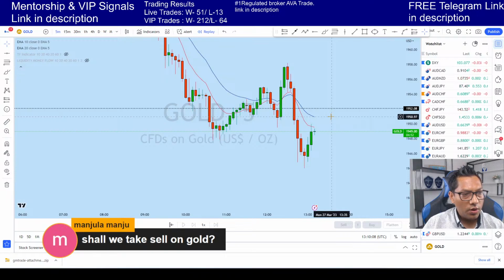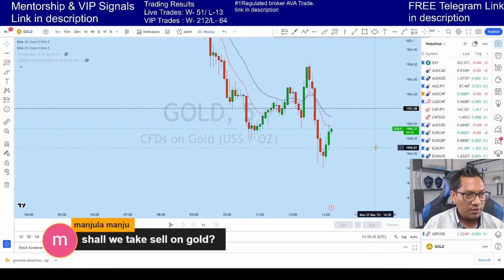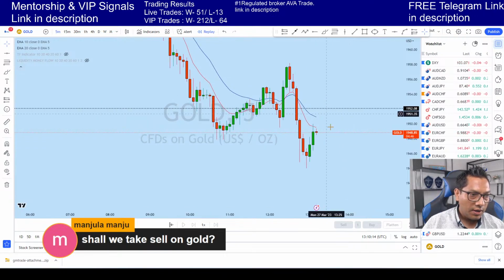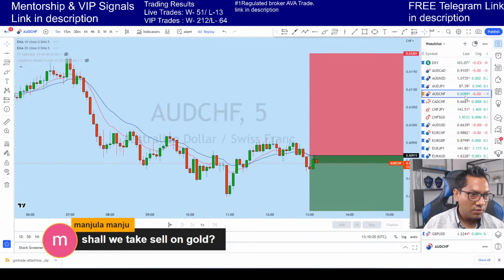We could see one more candle to the upside or another push to the upside on gold, and then probably we'll see the market moving in the other direction.